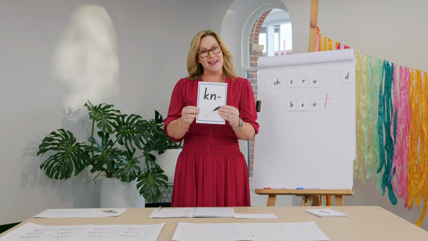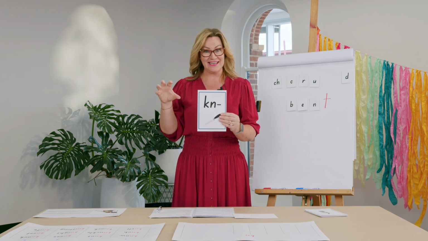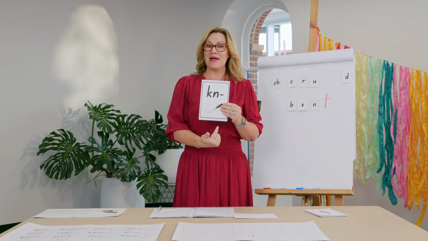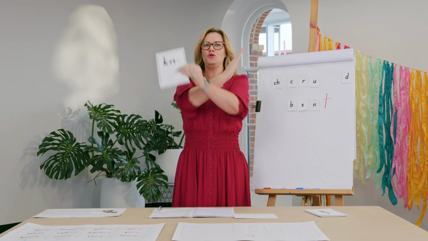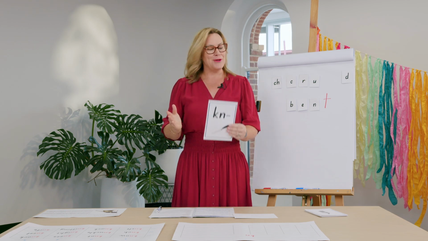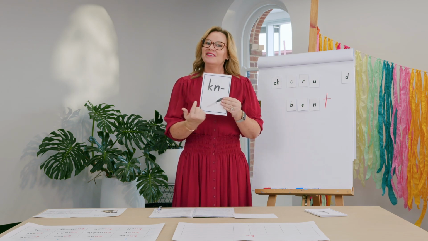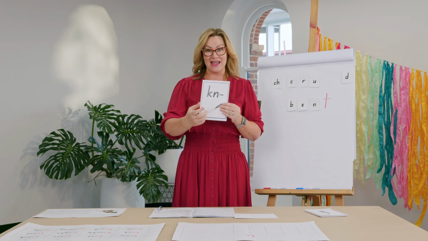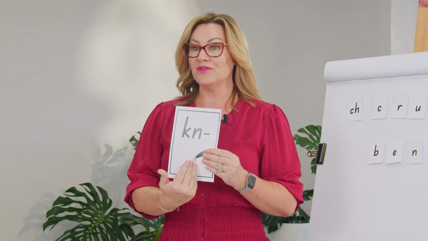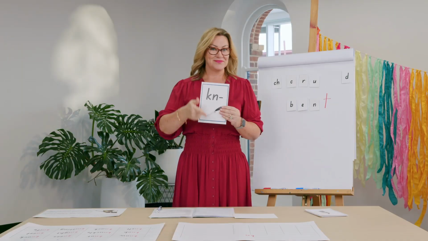But over time, the pronunciation changed, but the spelling remained the same and it became silent. So now we do not say k-nife, but we do say knife. So all of our words to read and write today have this grapheme for the phoneme N.